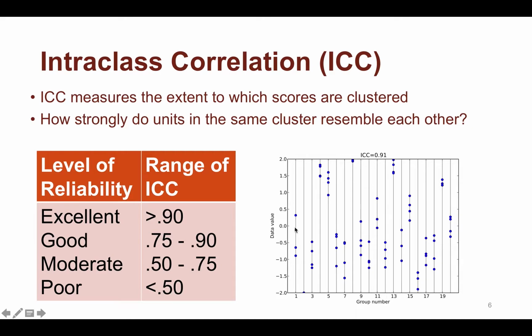It could be intra-rater reliability, the same researcher looking at something 4 times. Or it could be a test-retest situation where we're giving the same questionnaire to somebody 4 different times, basically a month apart, month 1, month 2, month 3, month 4. So there's lots of different ways we could look at this. But basically, how clustered is the data?